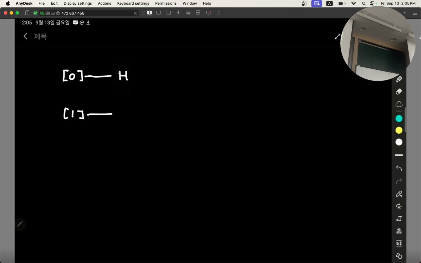I'm going to take a Hadamard on here. Oh, sorry, not this one. And then take a CNOT gate. And what's going to be the quantum state at this moment here?